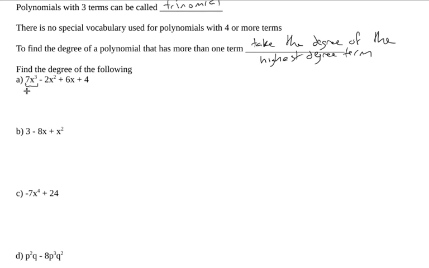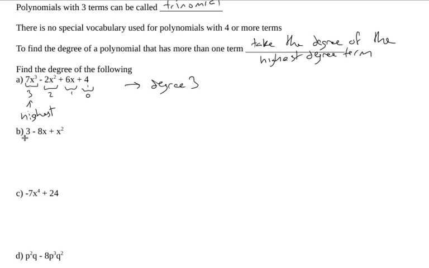This term right here is degree 3. This term right here is degree 2. This is degree 1. This is degree 0. I'm counting the number of variables present in this term, the number of variables present in that term, and so on. 3 is the highest, so that means that this overall is degree 3.